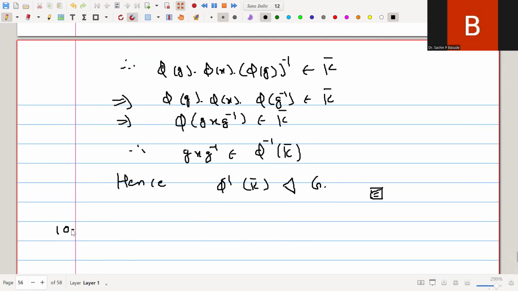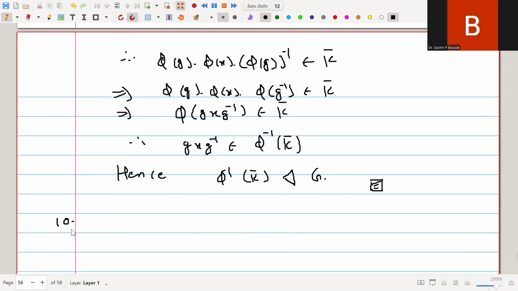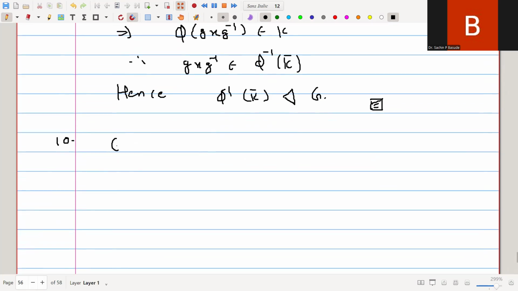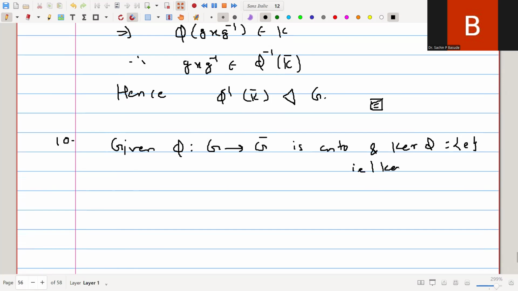And the tenth part is given: phi from G to G bar is onto and kernel of phi is identity. That is, order of kernel of phi is 1. Therefore, we know that phi is a 1-to-1 mapping.